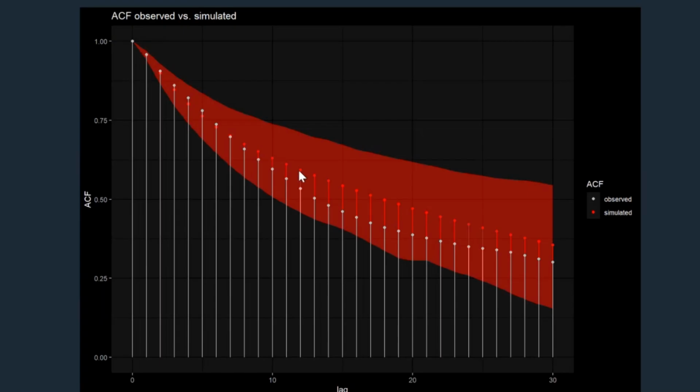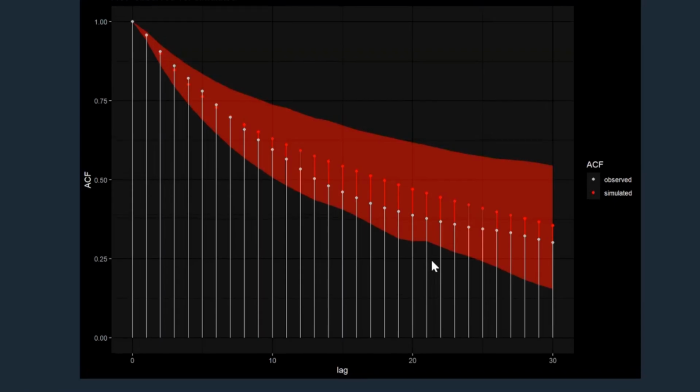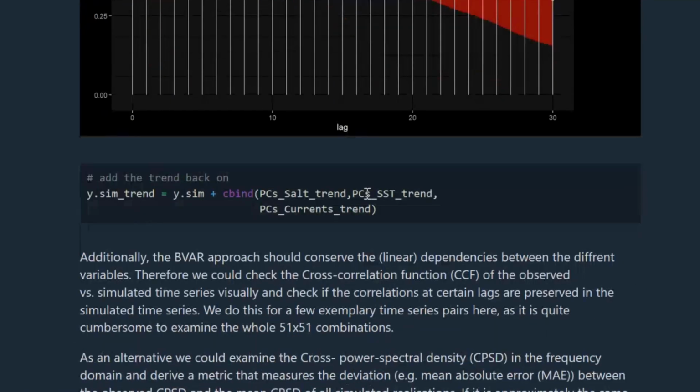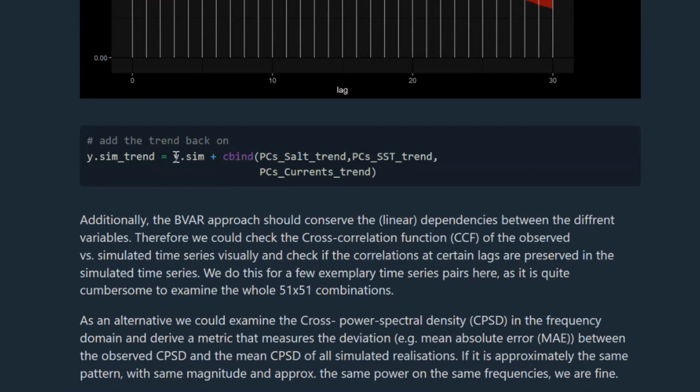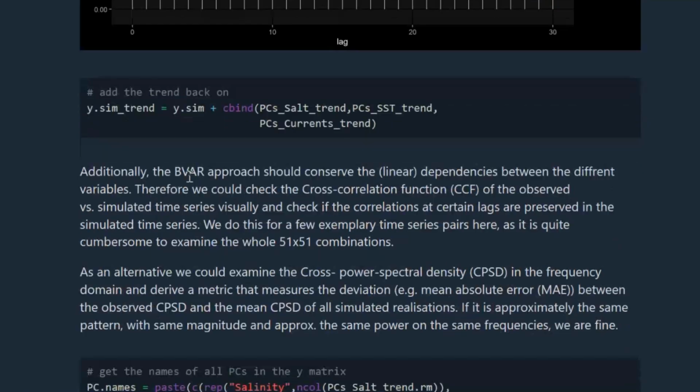For higher lag orders, it overestimates the autocorrelation a bit, so it's not as fast declining as the original observed data, but all the points of the original ACF lie within the bounds of the simulated one. So this is quite okay, I would say. I think there might be room for improvement, but for the moment, this looks rather good. So we take our simulation, add back the trend, and then we have everything back.